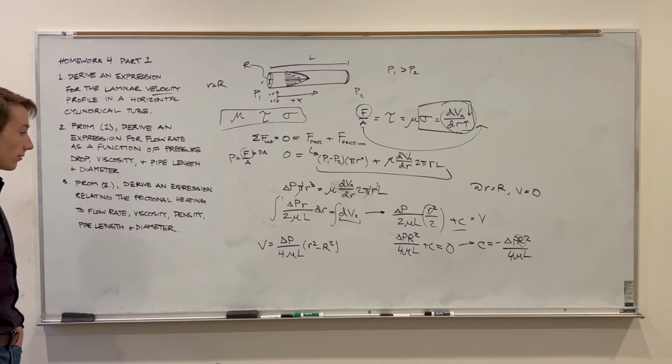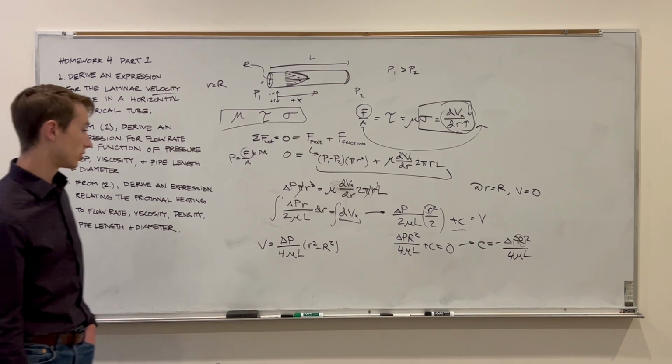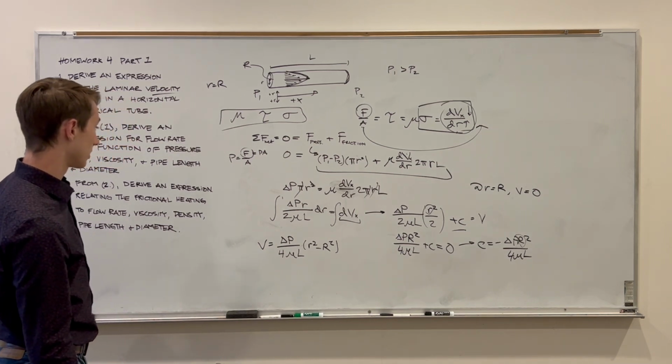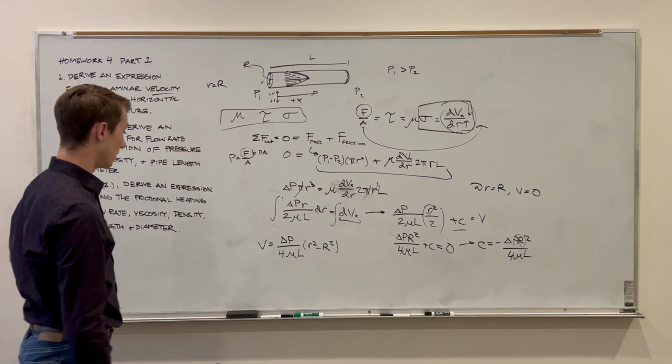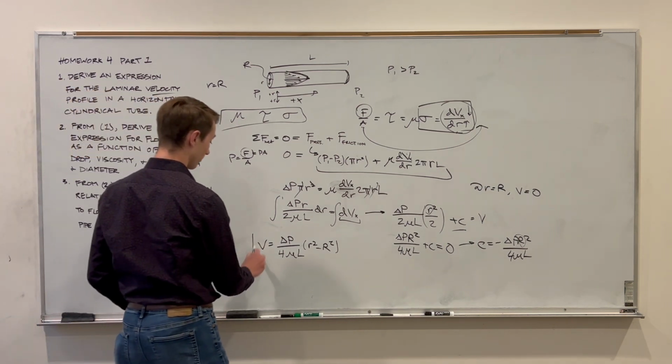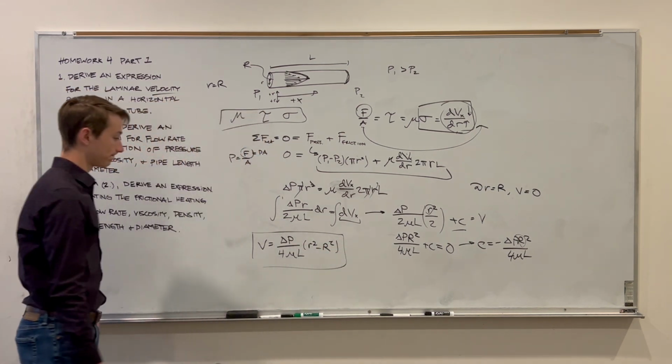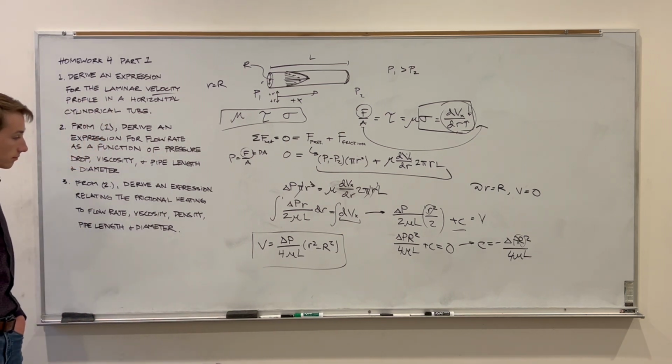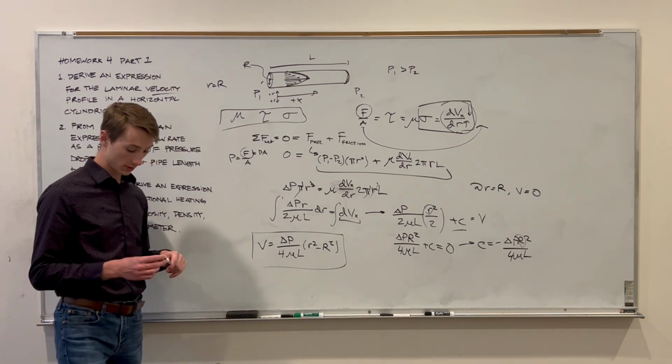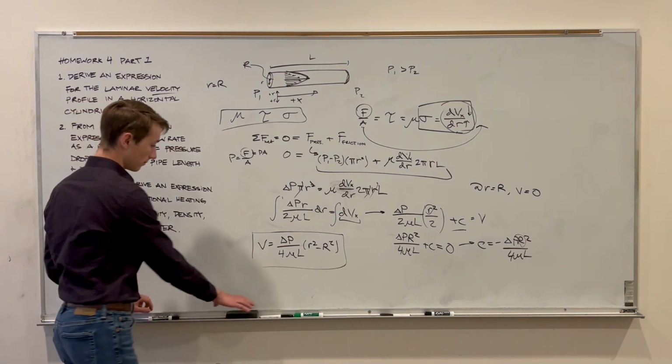Okay, so I think we've done that there. Let me just double check. Am I missing anything? I don't think so. So this is our expression for velocity. I'm going to go ahead and erase our board. We'll save that and move on to part 2.